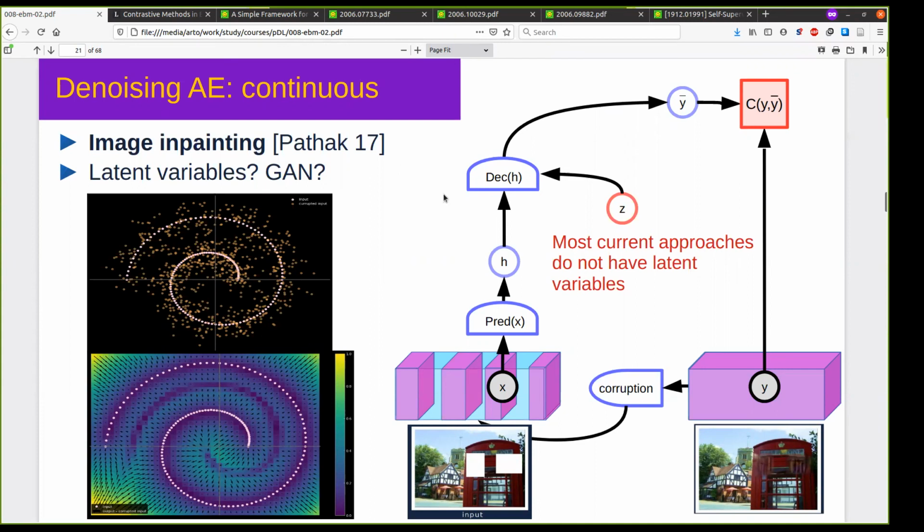So if it's a discrete case, that's a lot easier, whereas once you enter this huge dimension problem with images, then it becomes hard to make it a smooth loss, a smooth energy function.